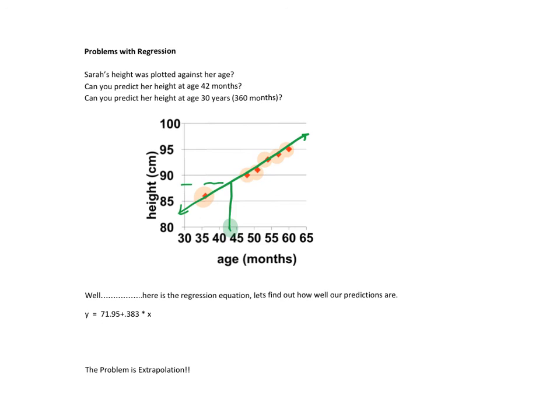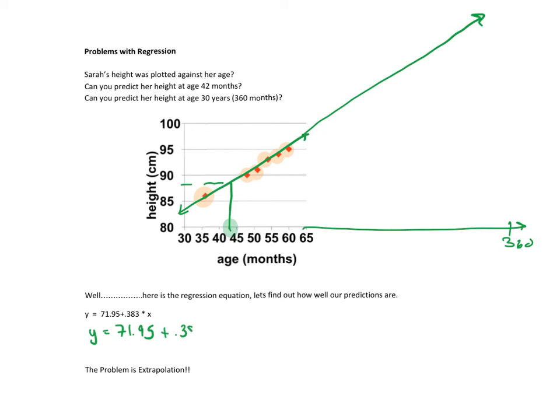Could we predict it at 360 months? Well, the problem is if we go out to 360 months, that's way out here. So this line is going to keep going and going. Eventually it'll get out there, but is that as good a prediction? If we do this at 360 months, we could do y equals 71.95 plus 3.83 times 360 based on this regression line.